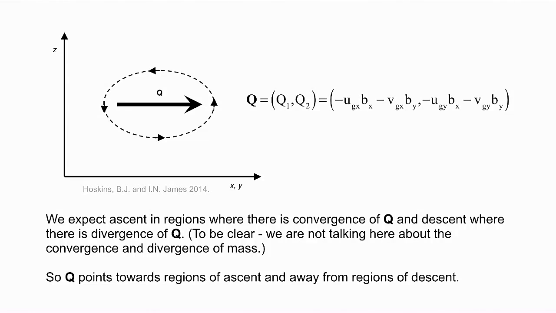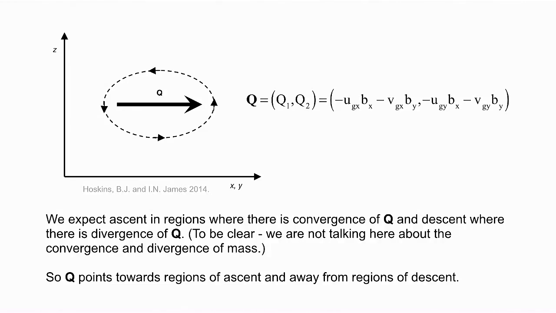That's one of the really great strengths of the PV approach, and that's what I'm trying to build here. Where should we expect upward motion and downward motion in weather systems without doing calculations?